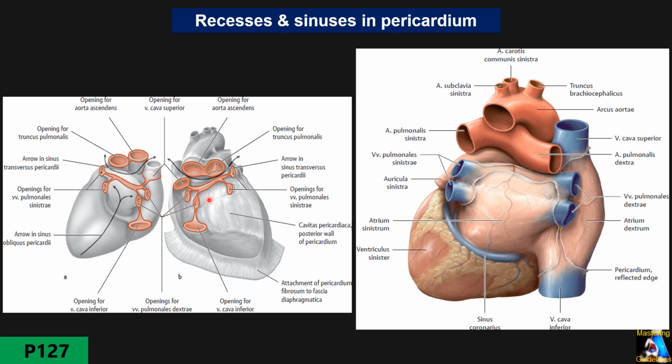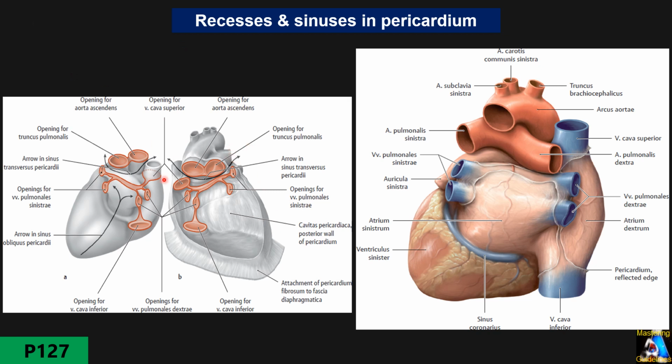And the clinical implication of these recesses and sinuses is that in many situations, especially in imaging studies like CT scan, MRI, and sometimes in transthoracic and transesophageal echo, we will see those areas, and they can be confused with pathology, especially on CT scan and MRI. Let's see some of those.